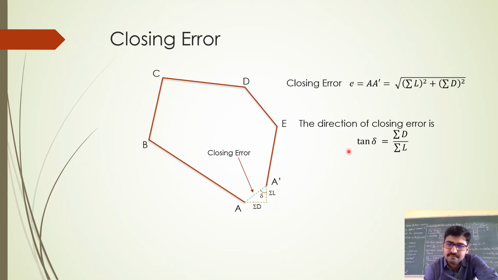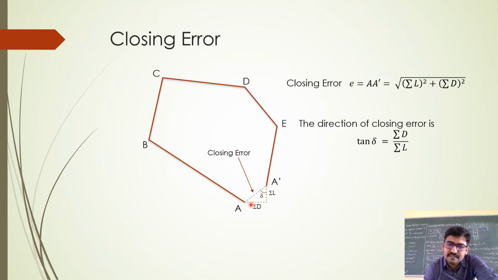Now the direction of the closing error will be the delta that you have been seeing. The angle delta is nothing but the direction of the closing error. In which direction the closing error is, you can easily identify. And if you want to know the angle, then you can use tan delta.